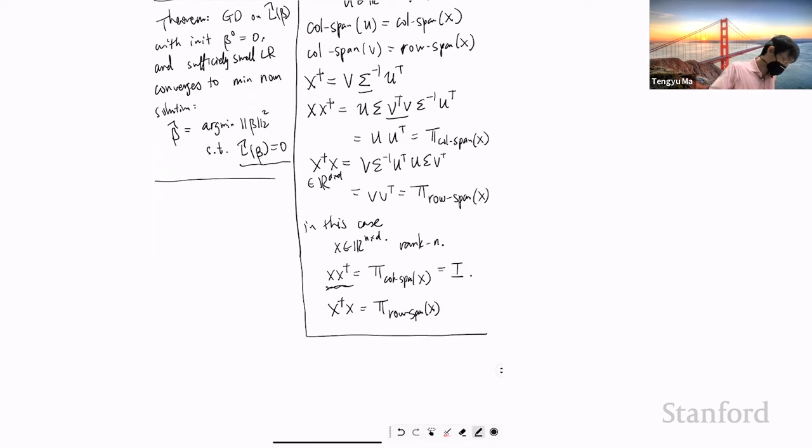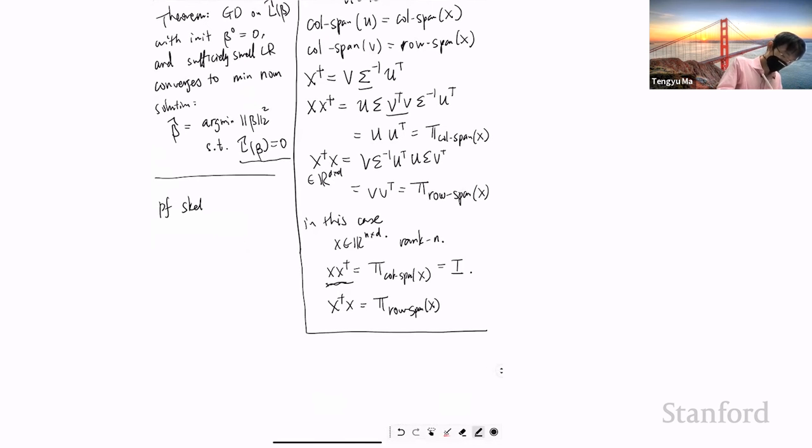I guess this is actually really a proof, but I ignore some small details, which is why I call it a sketch.